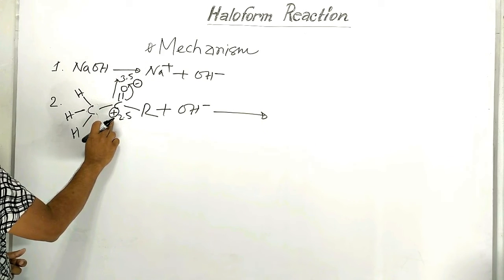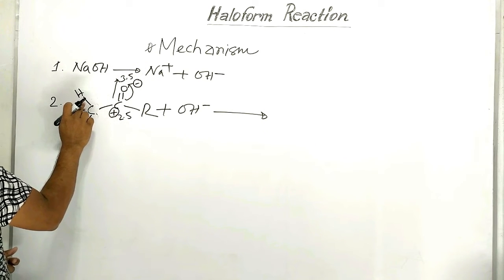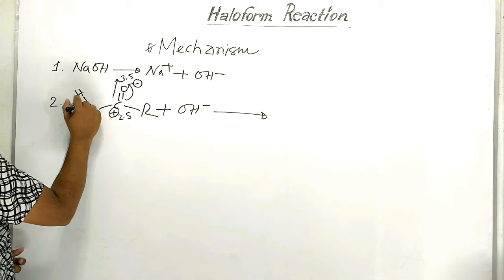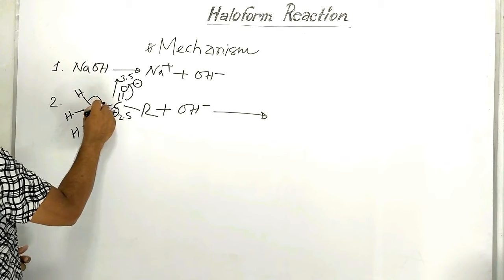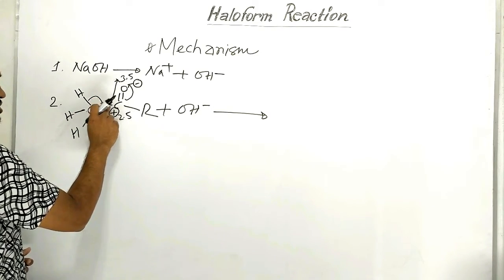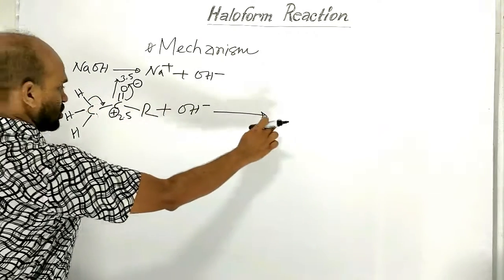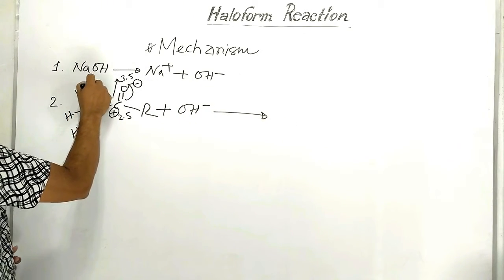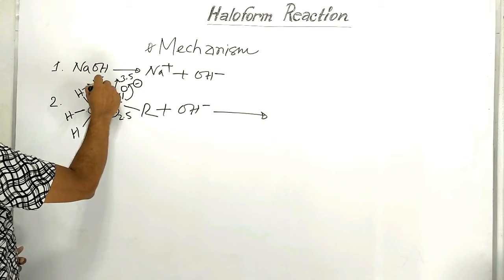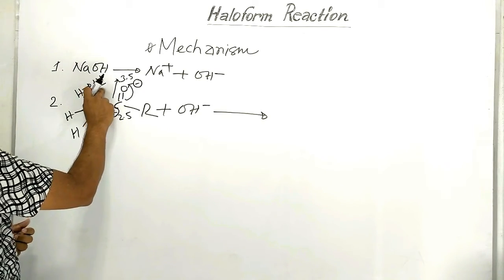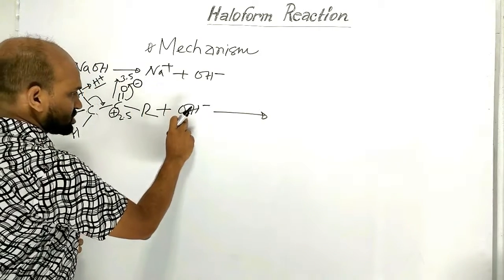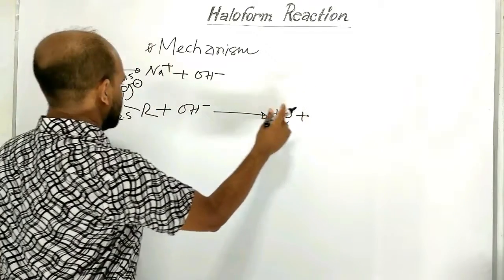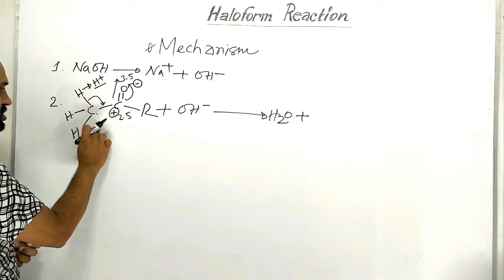Because of this positive charge, these carbon hydrogen covalently bonded electrons shift to carbon-carbon bond to form carbon-carbon double bond here, and at that time this hydrogen is freed as proton which combines with this hydroxide ion to form water, and another entity is formed.